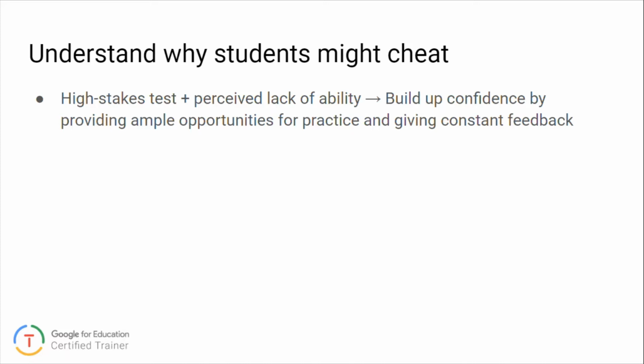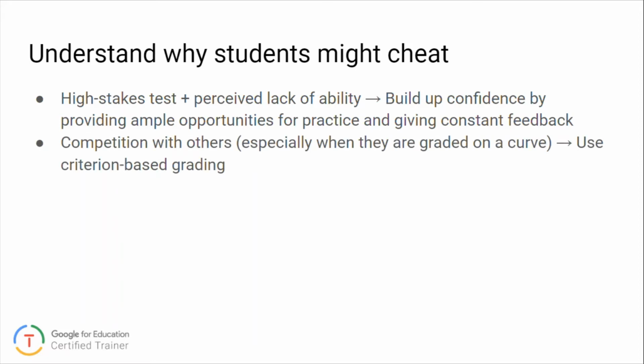So what we can do is we can build up their confidence over time by giving them a lot of opportunities for practice, and during that time we give them constant feedback to build up their confidence. So when the time arrives that they have to take that high-stakes test, then hopefully they will feel well prepared and they don't feel the need for cheating.